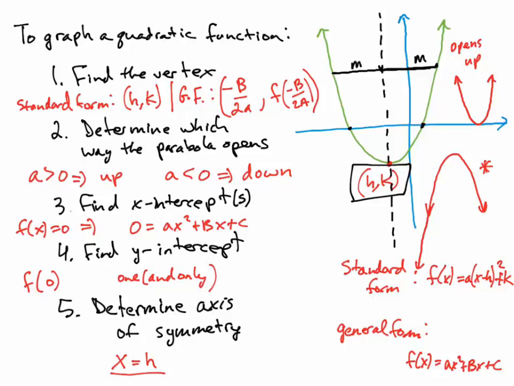Okay, so that axis of symmetry cuts the parabola in half. So this is useful because if we know the coordinates of, let's call these M1 and M2, if we know the coordinates of the point M1, we can find the distance from the axis of symmetry, and once we know that distance, we can look at the distance leftward, and that'll give us this point over here.